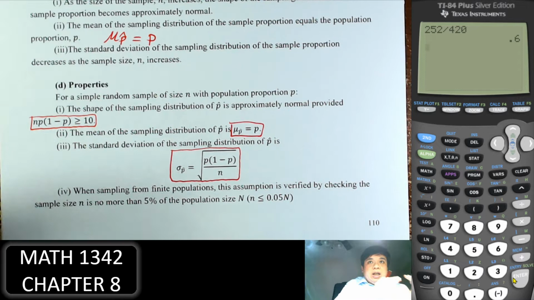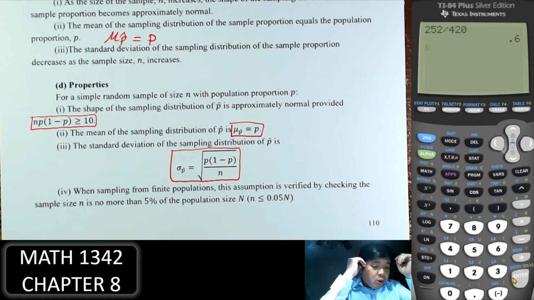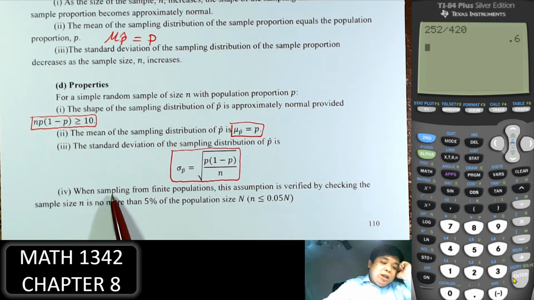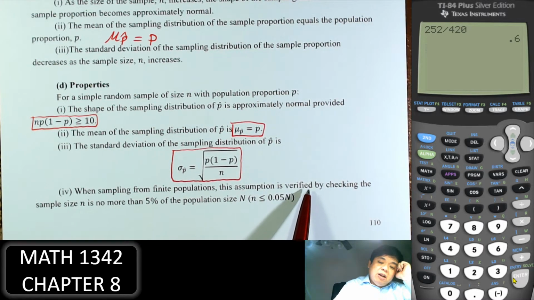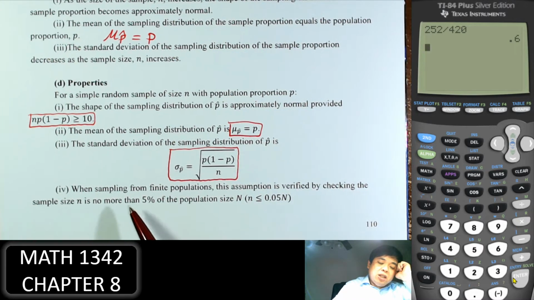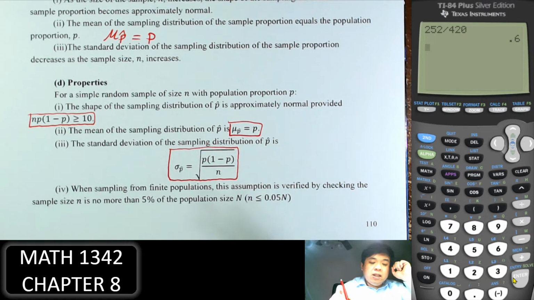So the shape is approximately normal, and we can use the mean, standard deviation and the normal CDF. When sampling from a finite population, it is verified by checking that the sample size n is no more than 5% of the population.